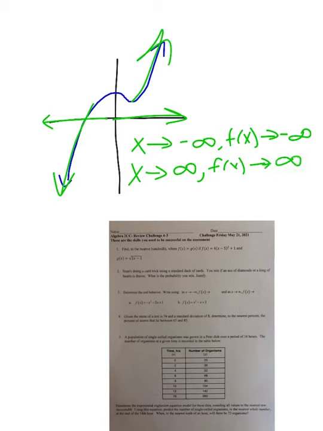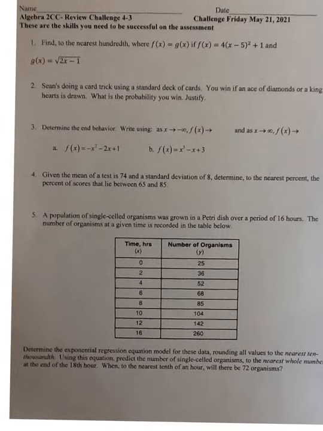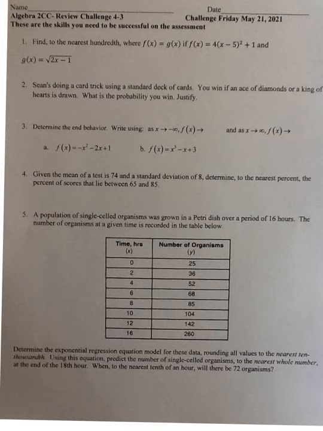All right, so let's take a look at number 4. Number 4 says, given the mean of a test is 74 and the standard deviation, I like to write that down. So the mean is 74 and the standard deviation is 8.